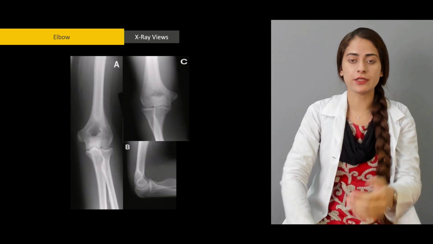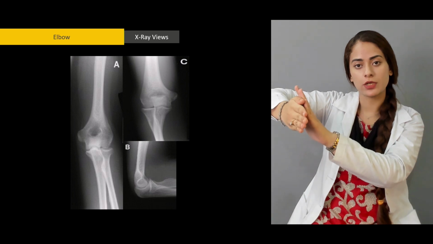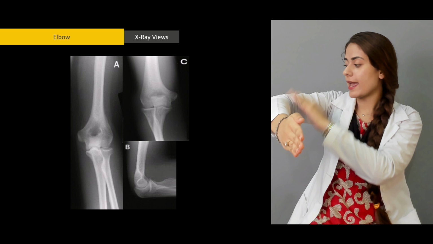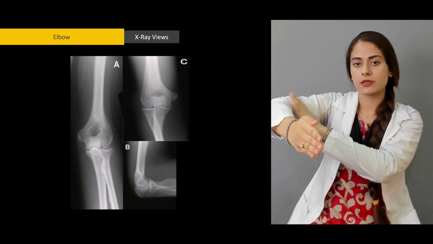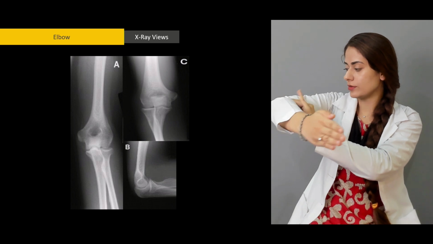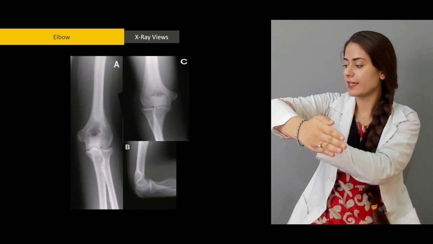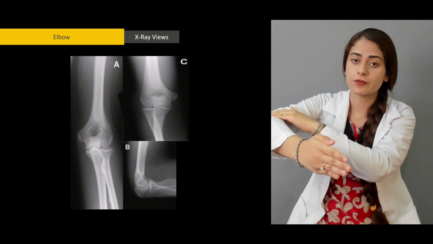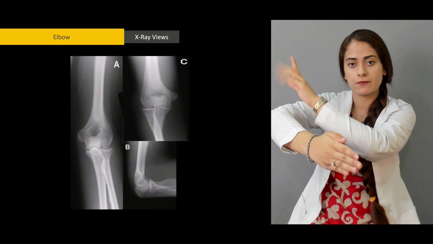Then we have an oblique view. The placement will be the same, mid pronation of the forearm, and the elbow joint is flexed, but the orientation of the x-rays will be 45 degrees.